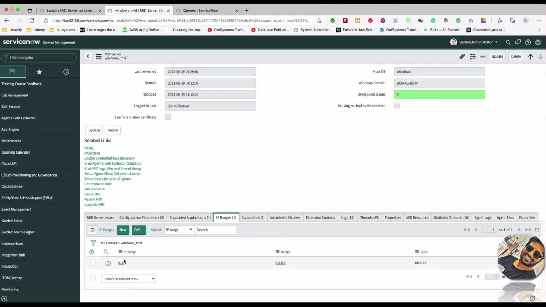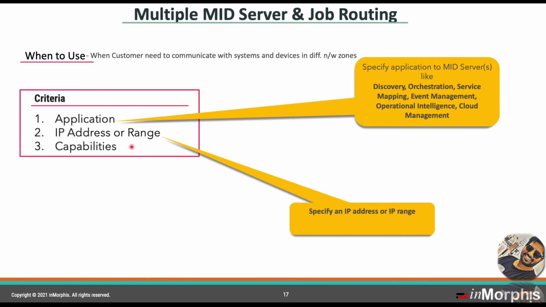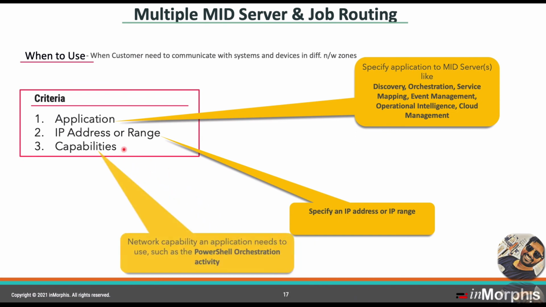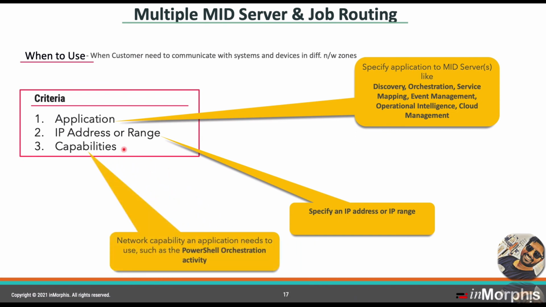Right now we have put all, but you can create your own IP range based on customer-provided information. Then when you work with that particular IP, the system will automatically pick up that mid server or set of mid servers to do the job. Another important aspect is capability. Sometimes your IP ranges and applications are both the same, but you can have different capabilities.